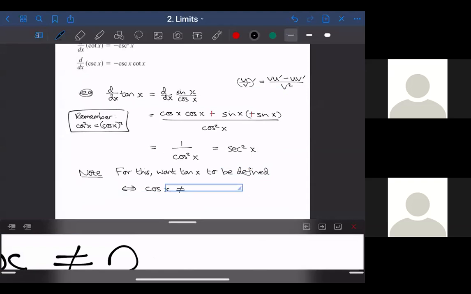So we need to divide by cos x in this calculation. And if you look at the graph of tan x and cos x, you'll see that it's true that tan x is defined when cos x is non-zero.